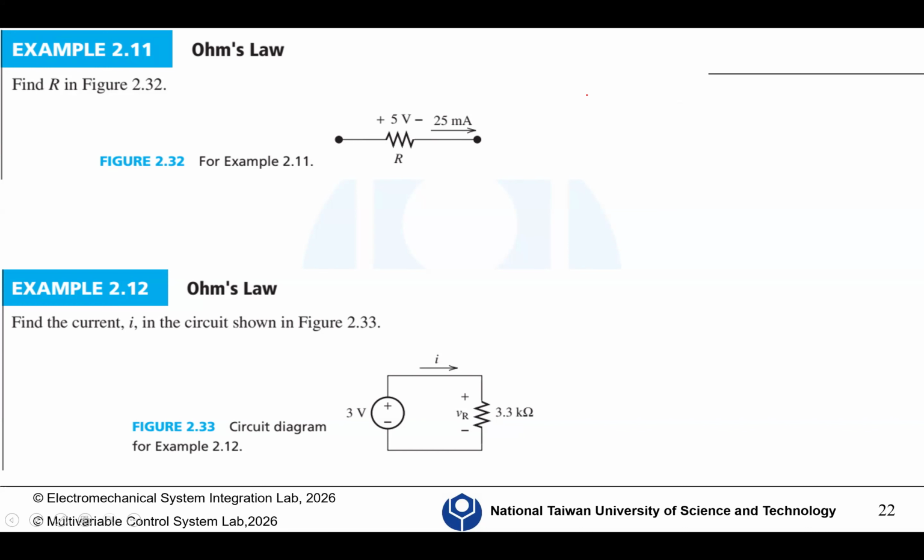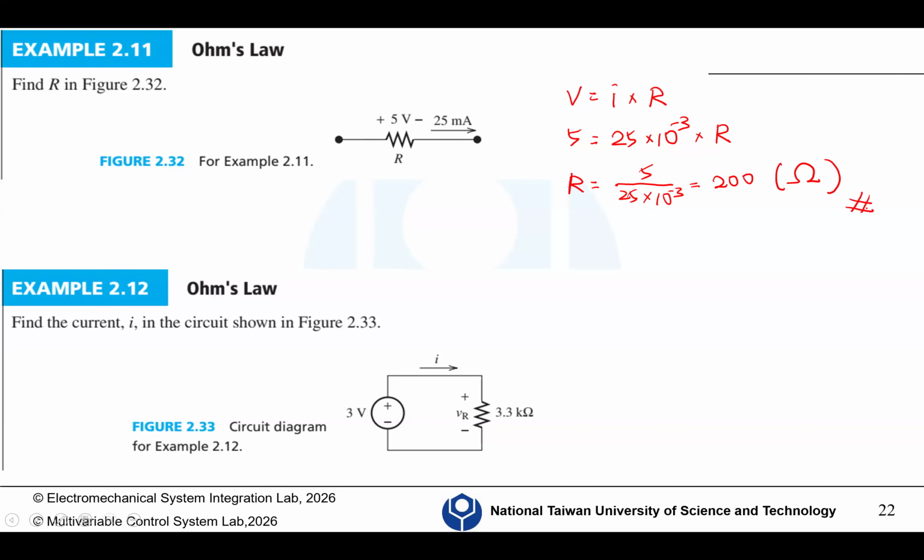By Ohm's law, V equals I times R. V is 5 and I is 25 times 10 to the power of minus 3, times R. So R is 5 divided by 25 times 10 to the power of minus 3, which is 200, not 200K. The unit of resistance is ohm.